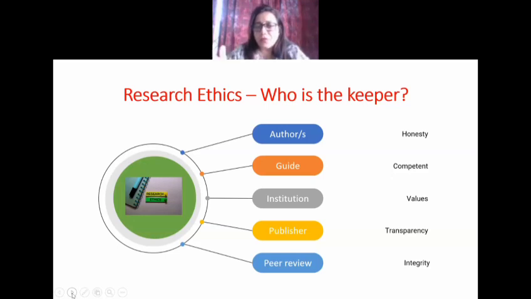How much work and how much credit, everything has to be delineated beforehand. If two persons are co-authoring, would the senior academician's name come first and the junior's second? Is it correct? Is it ethical? Ethics says that whoever has contributed and played a major role, that person's name should come first.